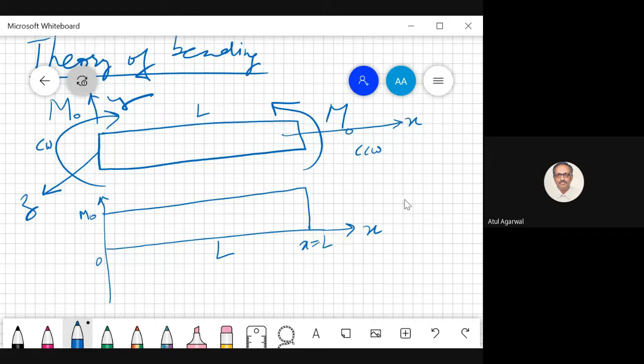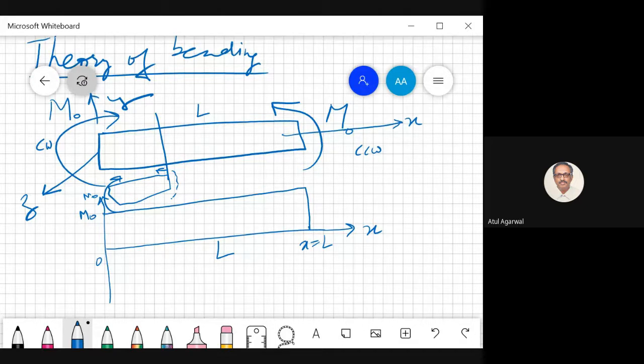Now you see, I have shown the bending moment diagram. Take any cross section, you will find the same bending moment, M naught, positive. You take a section here, for example. If you draw the free body diagram of this part, external is this M naught, and this is the moment to be applied by the right part to the left part.